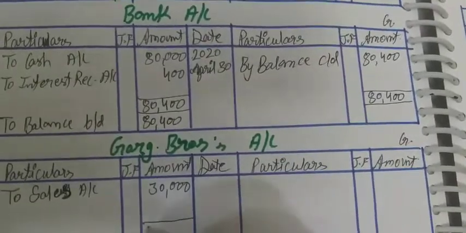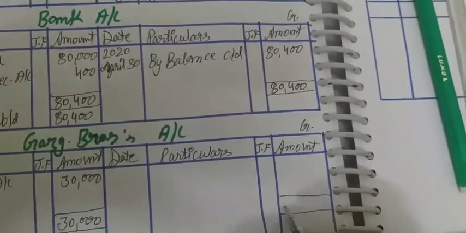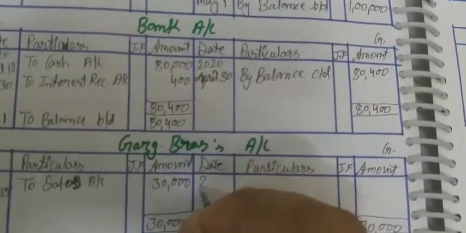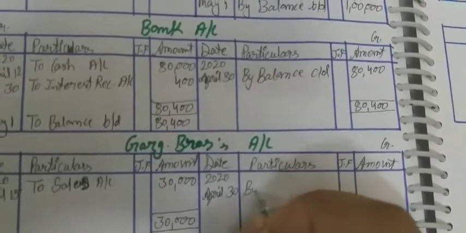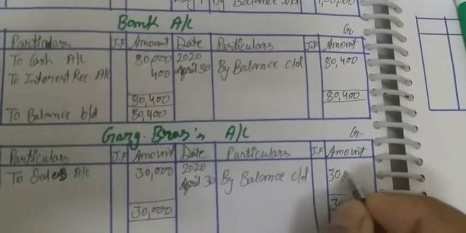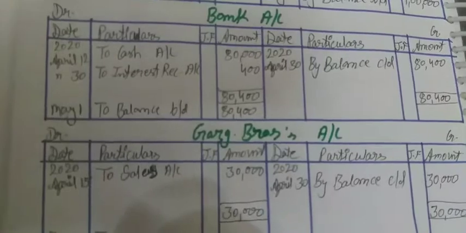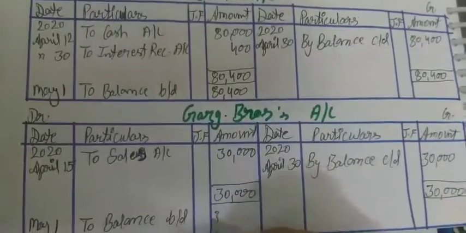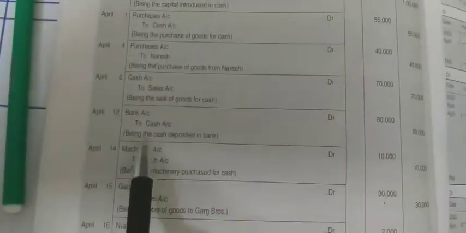If we do the balancing, the 30,000 on this side, 30,000, 2020 April 30, by balance CD 30,000, and it is transferred to May 1st, to balance BD, that is 30,000.